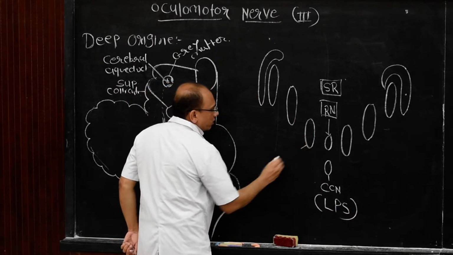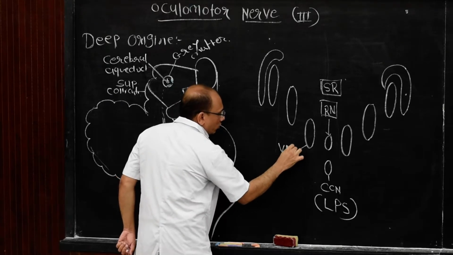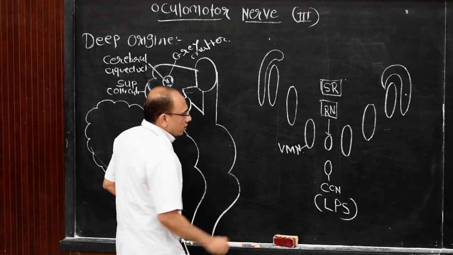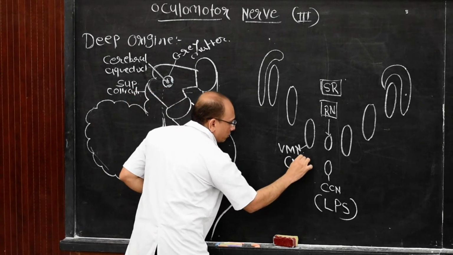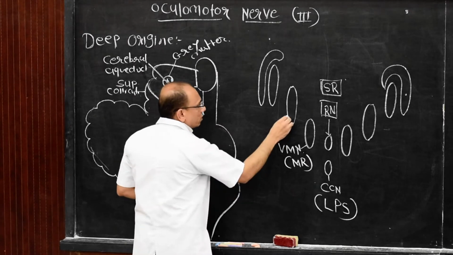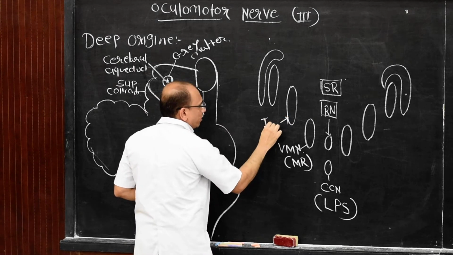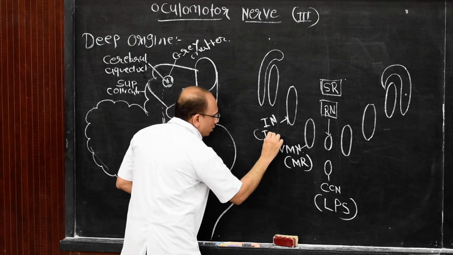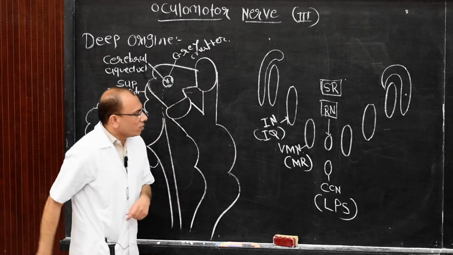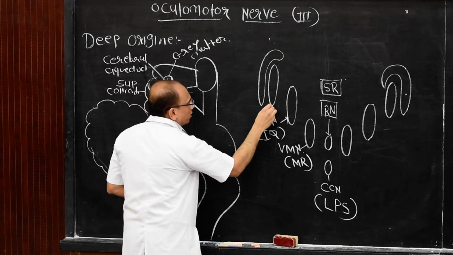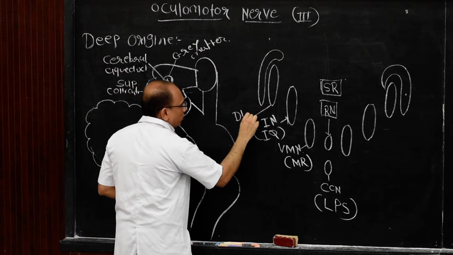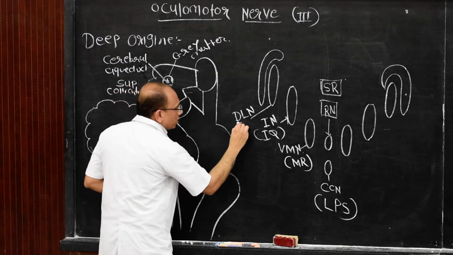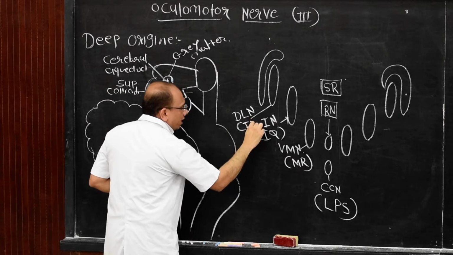and this one is the ventromedial nucleus, a part of the oculomotor nuclear complex, which supplies the medial rectus muscle. Here is the intermediate nucleus, which supplies the inferior oblique muscle, and here is the dorsolateral nucleus, which supplies the inferior rectus muscle.